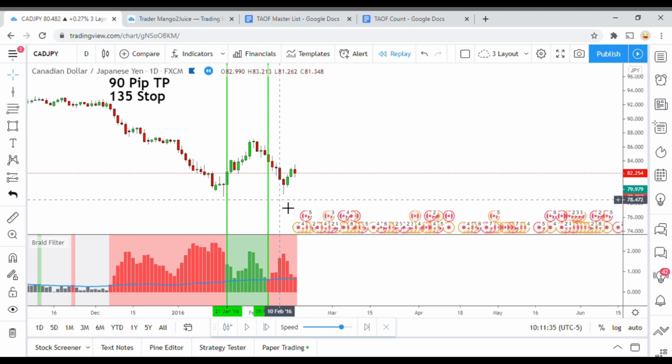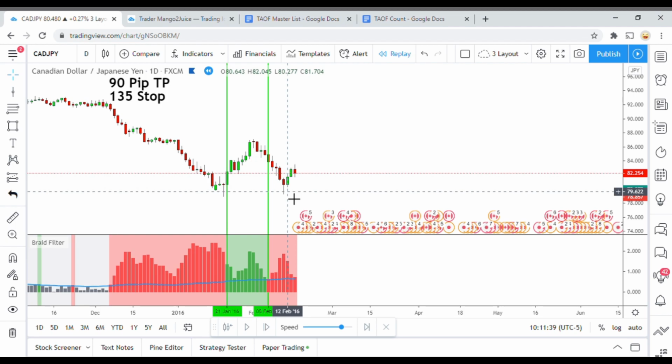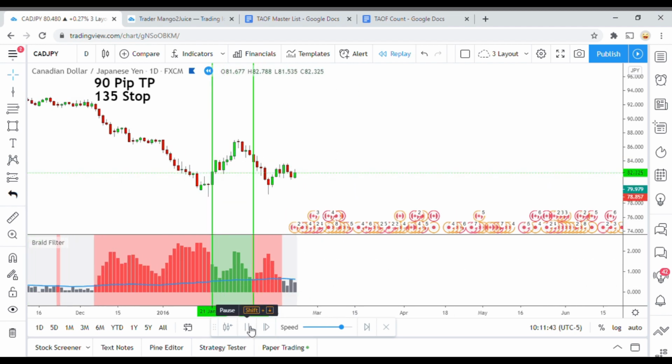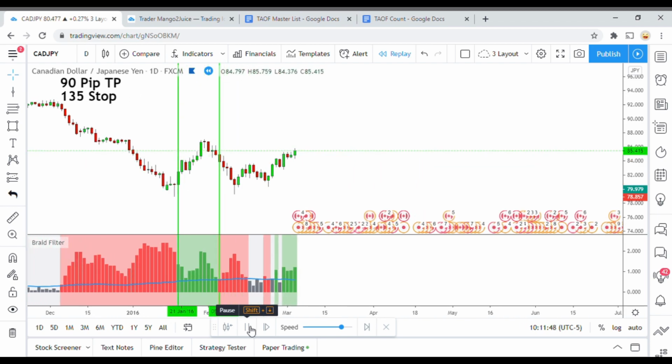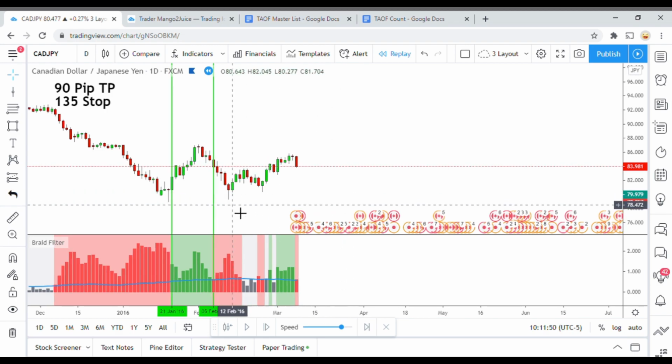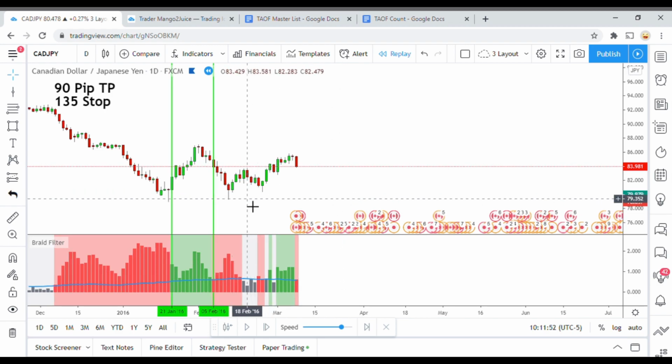It appears to be doing that. Let's see if it will give us a long signal coming out of this last leg of the W. That would be nice. That would indicate that we are heading into an uptrend.